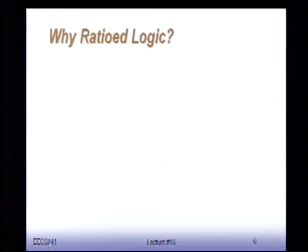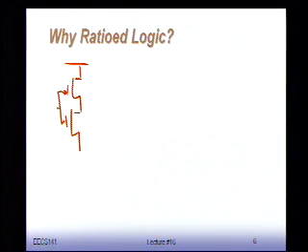Well, if you look at your CMOS gate, anytime I have a connection to an NMOS, I have a connection to a PMOS, which means that my input capacitance gets multiplied by a factor of 3. It would be nice to have a logic family where the capacitance looking into the gate is a lot smaller, if I don't have to connect to 2 transistors.